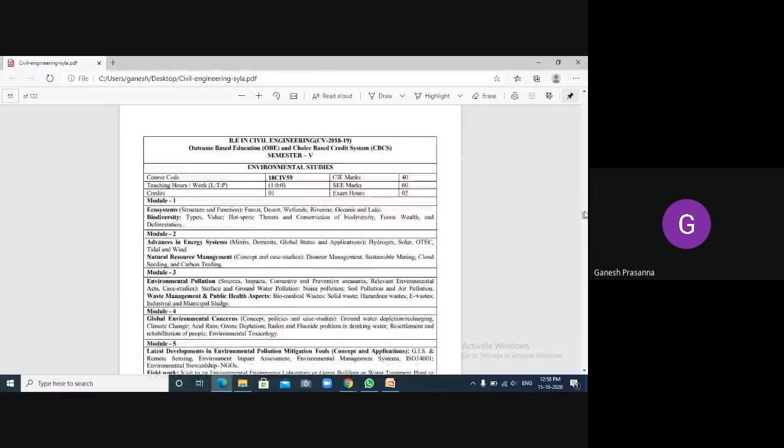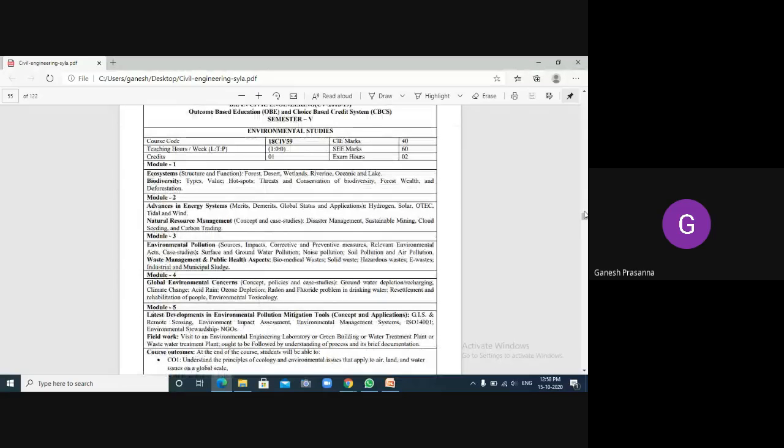You can see the syllabus here. It is 18 CIB 59, which comprises of 1 hour teaching hours.